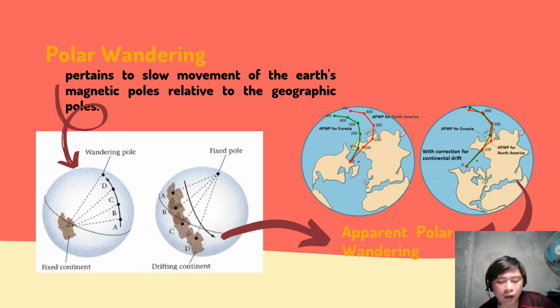So it becomes magnetized with an orientation parallel to the Earth's magnetic field at the time, similar to the way a compass needle aligns with the magnetic field to point north. So this magnetic record in a rock is what we call remnant magnetism.